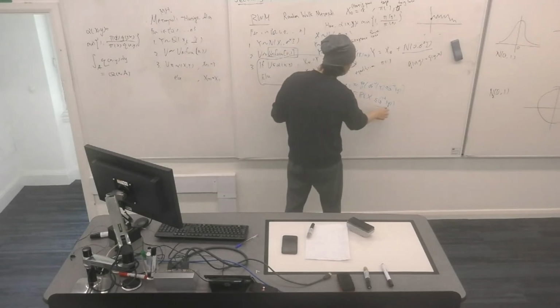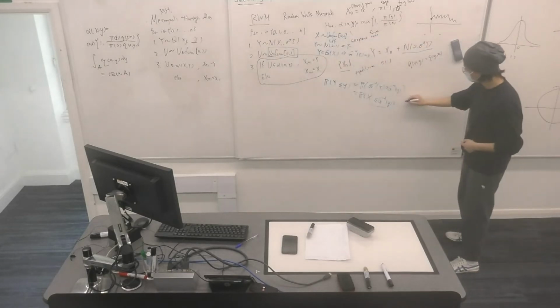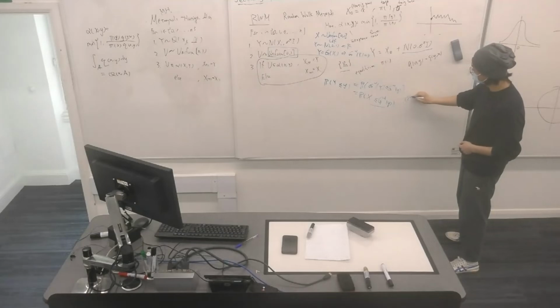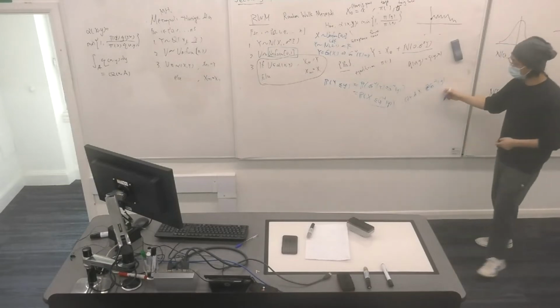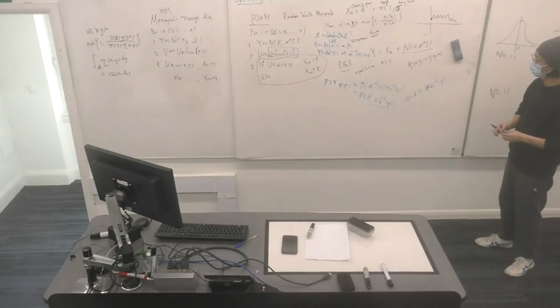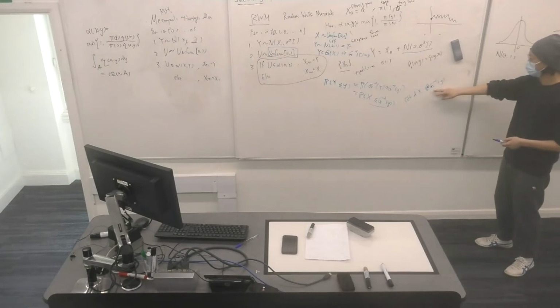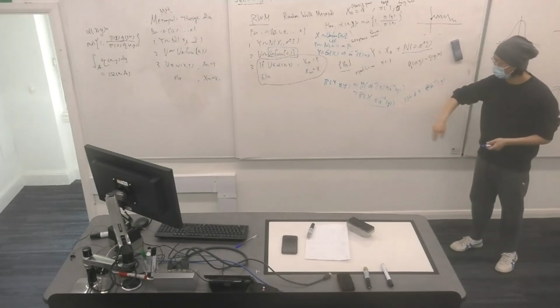And this is just the CDF of x at g inverse of y. But y is some sort of constant of our choice, and g, we assume we know, and assume we can find the inverse, then we can just get this relation.